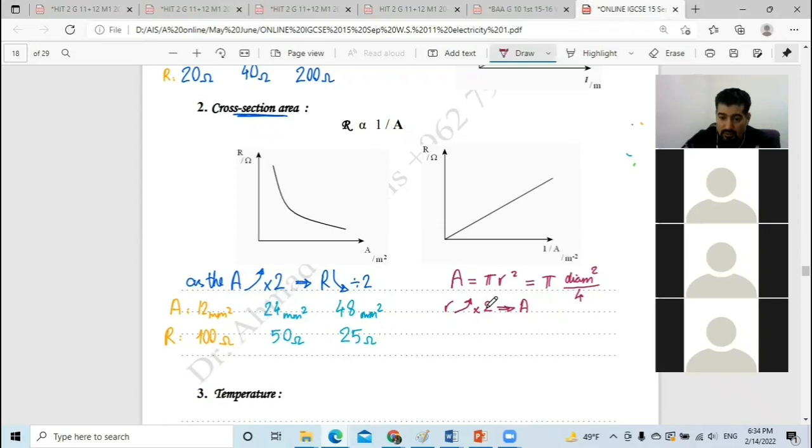Why 4? 2 square. It will increase multiplied by 2 square. That means the resistance will increase or decrease? Excellent. The resistance will decrease, divided by 2 square, which is 4. Bravo.